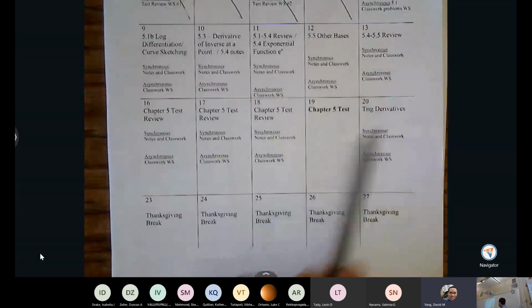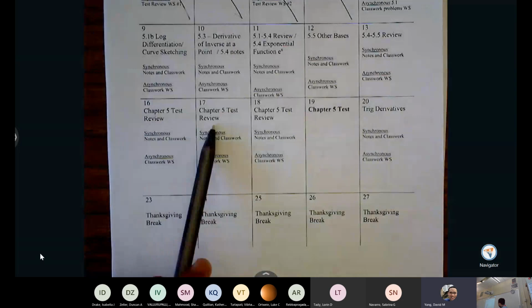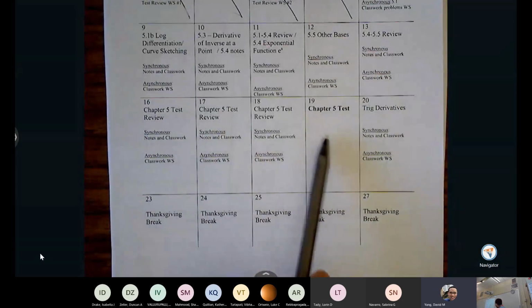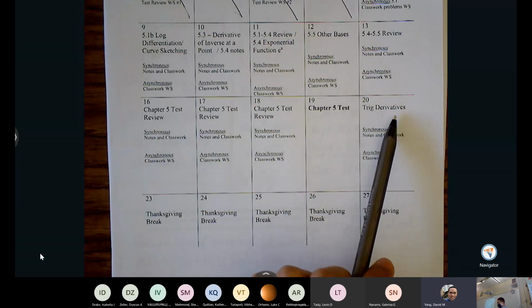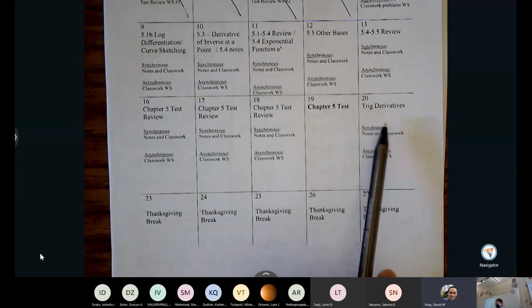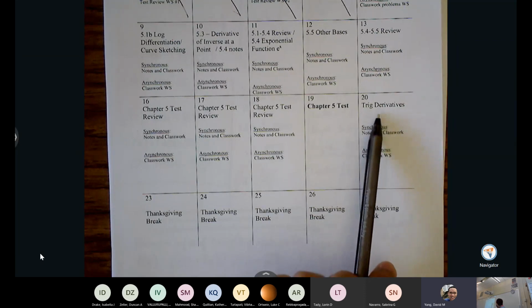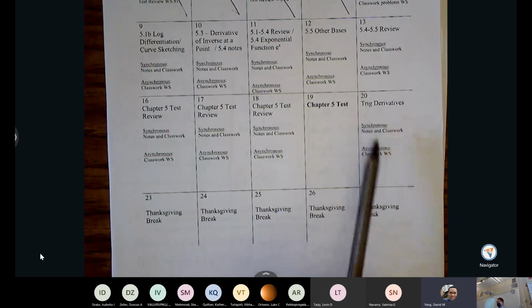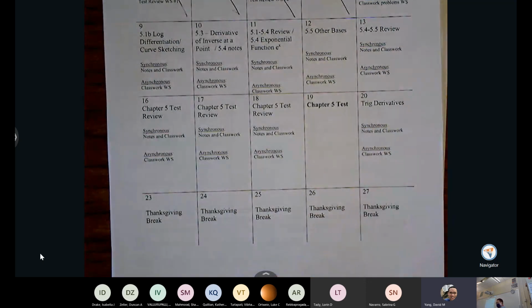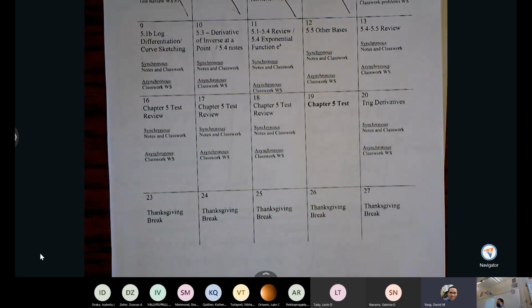And then the week before Thanksgiving, we'll have 3 days of test review, Thursday test, and then Friday, we'll start our last section, which is just trig derivatives. We'll have maybe 3-4 days to continue reviewing trig derivatives the week after Thanksgiving, and we'll have one final quiz after the break.